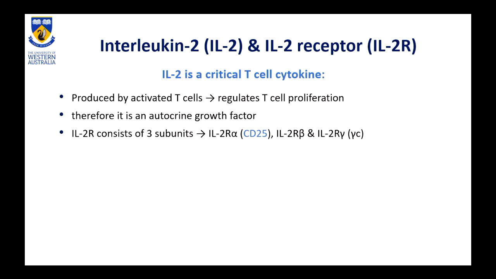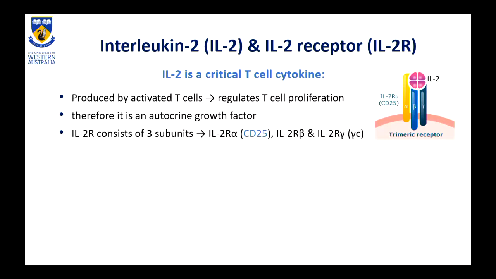IL-2 receptor alpha is also called CD25. This is a biomarker that's often used because CD25 is upregulated in many different conditions, autoimmune conditions, cancer, etc. So it's often used as a biomarker, particularly to look at the effect of treatment.